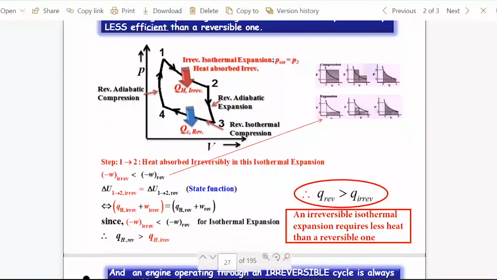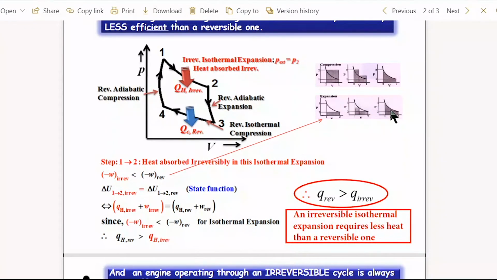Now if you remember your work diagram, in the expansion and the compression diagrams, this was the expansion and this was the compression. This was irreversible, this was reversible compression, this was reversible expansion.